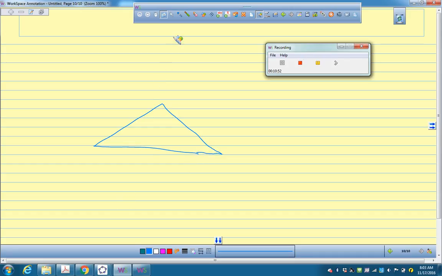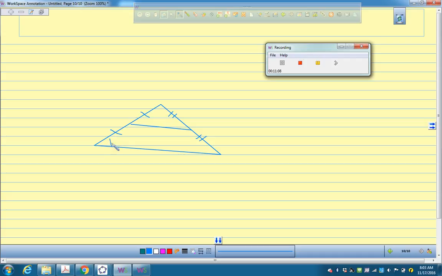Make a mid-segment. Mark this, mark this, mark this, mark this. Couple things. Say I told you that this angle was 40 degrees. What would this angle up here be? What would A be? 40. Because it's a mid-segment, we know these are parallel, so those corresponding angles have to be equal.